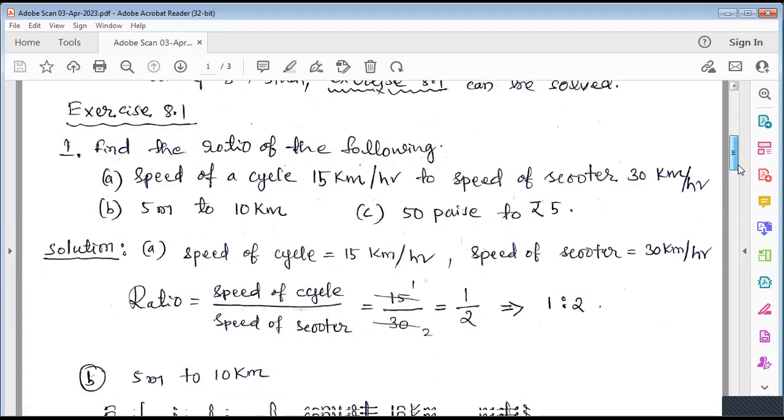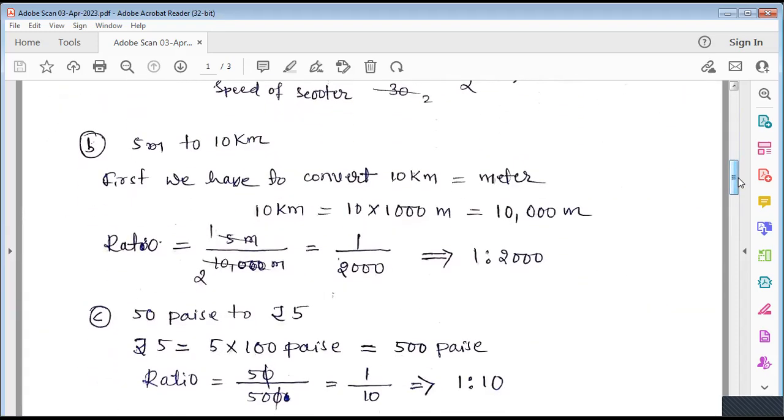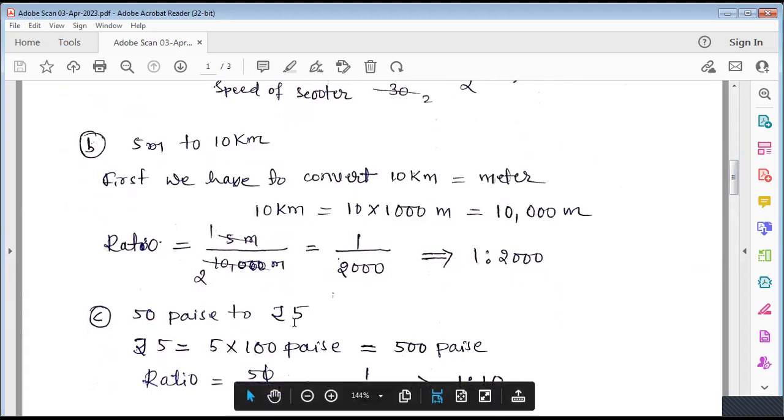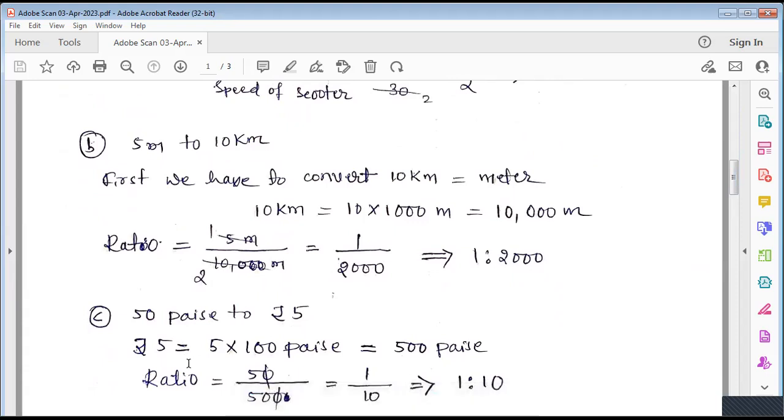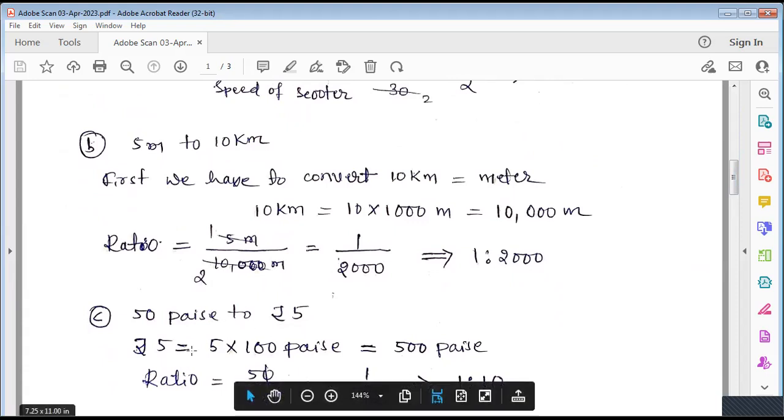So next one is the ratio. We have to find out the ratio of 50 paisa to rupee 5. As you know, one rupee means 100 paisa. And this 5 rupee is there, that we have to convert into paisa.